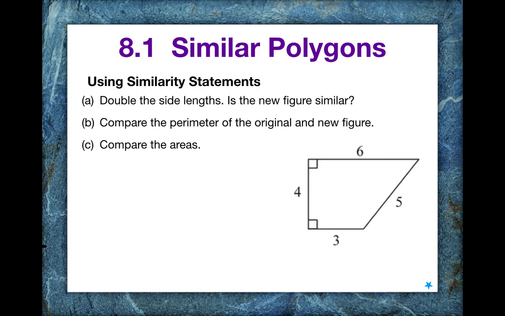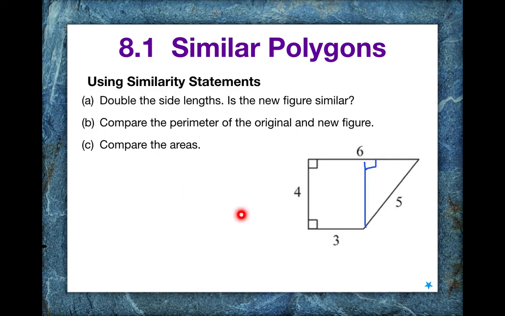And you will find that if you compare the new figure with this figure, that you'll get exactly the scale factor of 2. And if you compare the areas, well, to get the area, we're going to have to cut this up. So we're going to have to create a little triangle here and a rectangle over here, and we add these areas up.